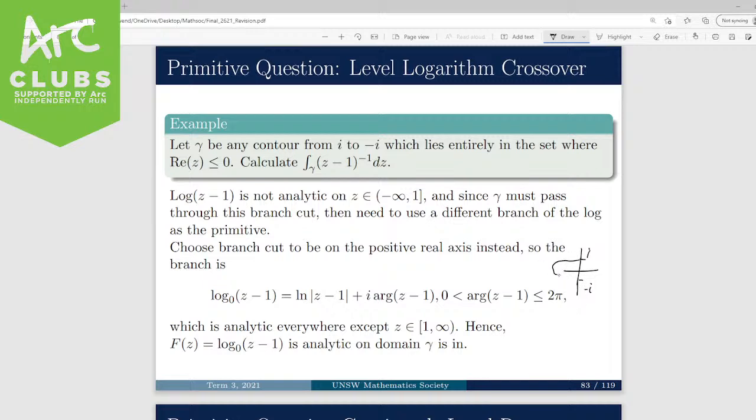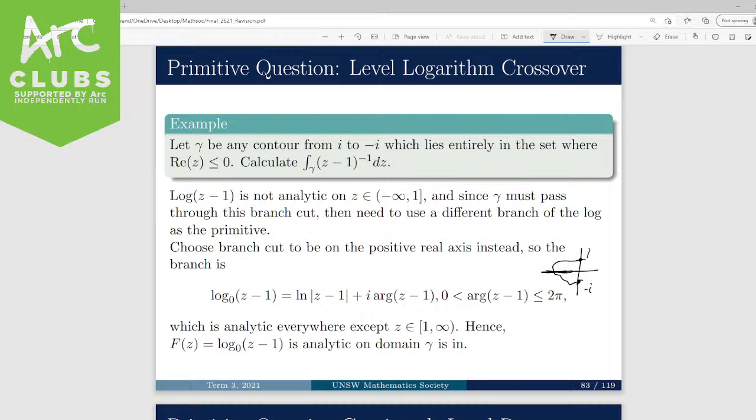The whole point of that weird restriction is if you try to use the primitive on your 1 over z minus 1, you can't use the principal branch of log, because 1 over z minus 1 doesn't stay analytic where your contour is trying to go. It's not analytic anywhere on the negative real axis, and your contour at some point has to cross that negative real axis if it wants to get from i to negative i and stay on the left of your imaginary axis.